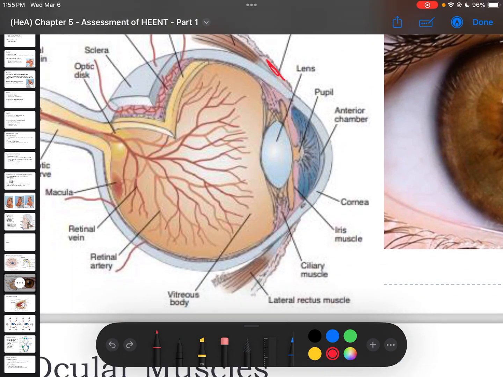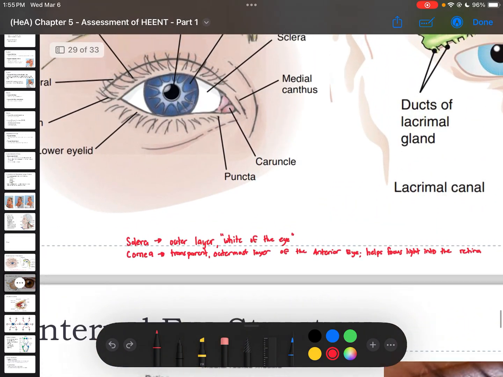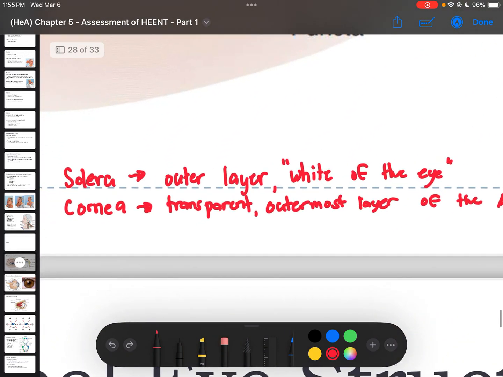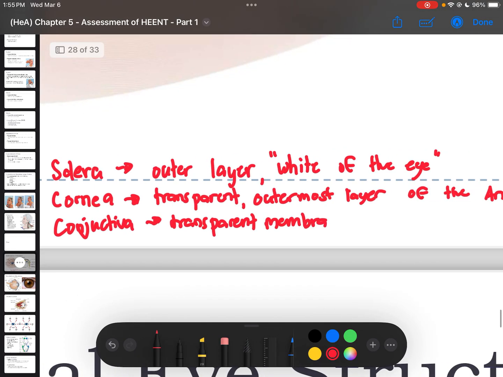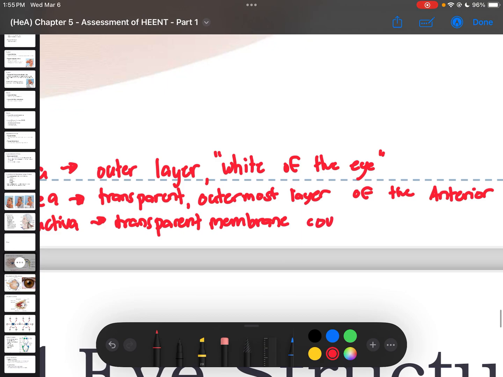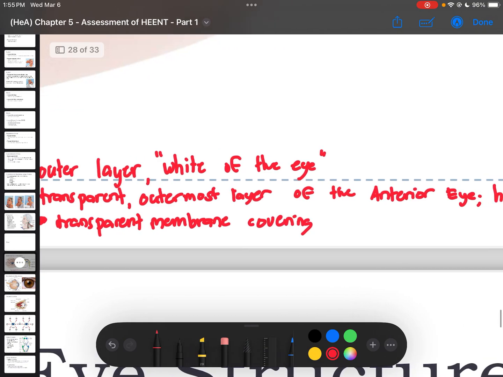The conjunctiva is the transparent membrane covering the sclera.